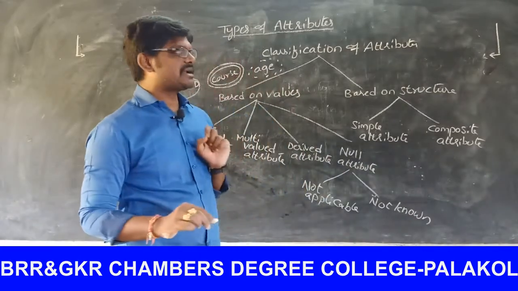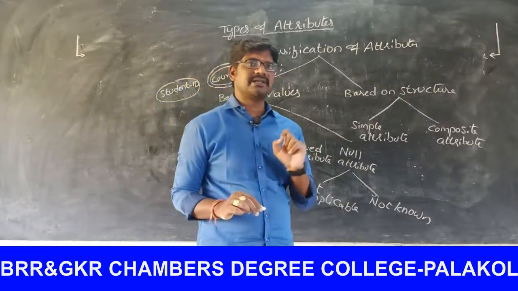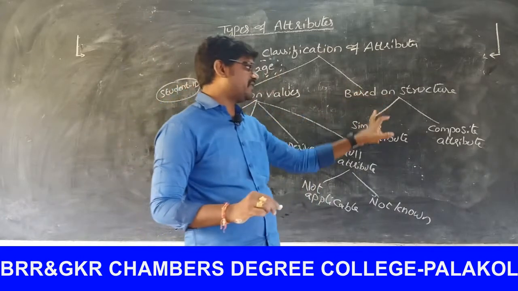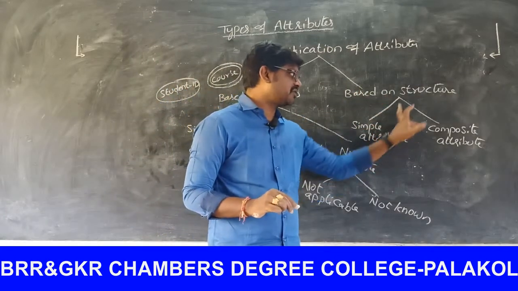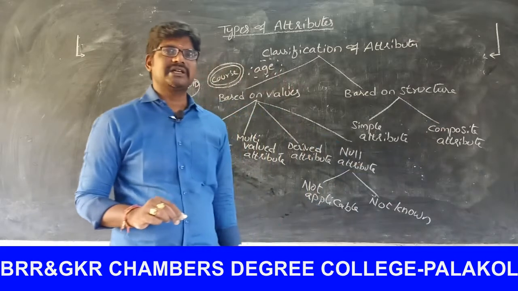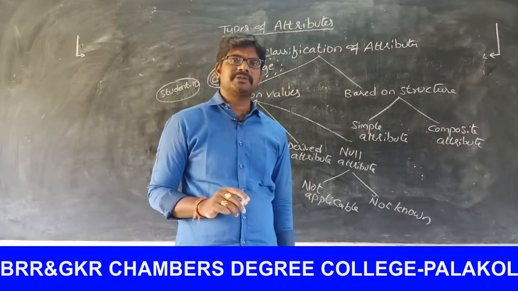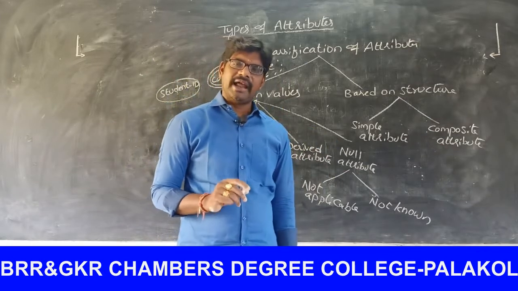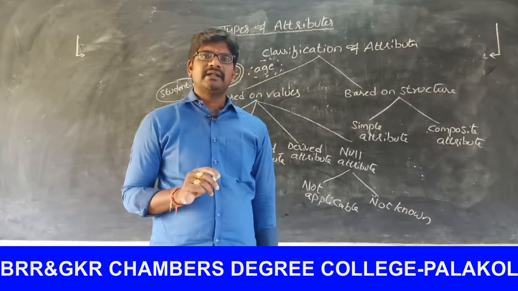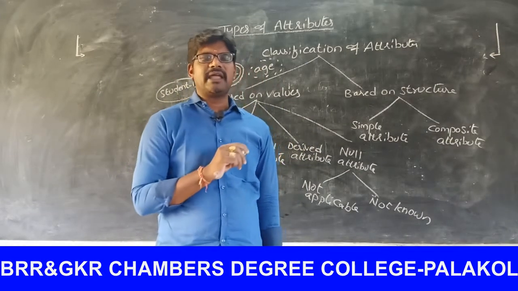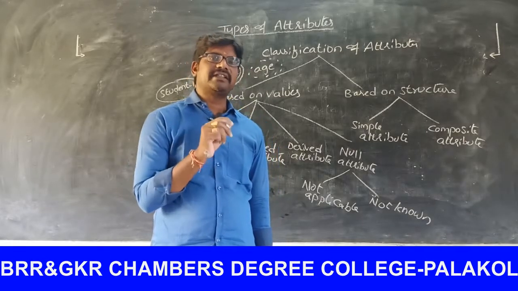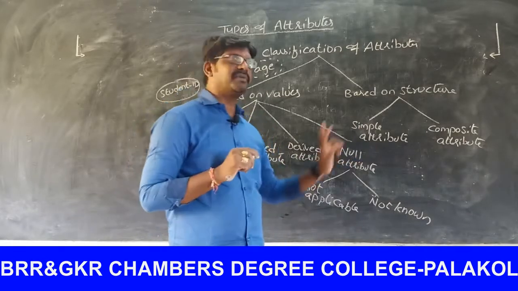Next, based upon the structure, attributes can be classified into two types: one is the simple attribute and the other is the composite attribute. What is a simple attribute? An attribute that cannot be divided further, we call a simple attribute.